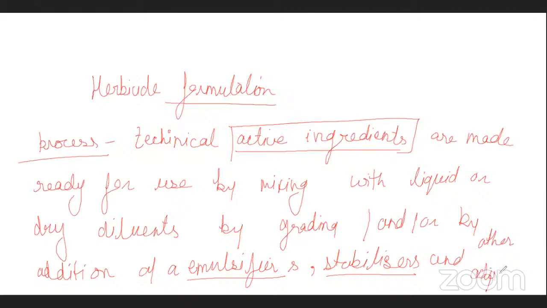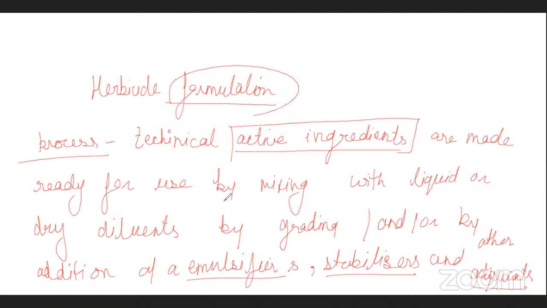So many terms are there: adjuvants, stabilizers, emulsifiers, active ingredients. Hence we will be discussing these one by one. But the herbicide formulation is a process in which technical active ingredients are made ready for use.